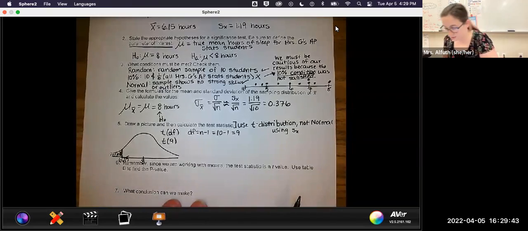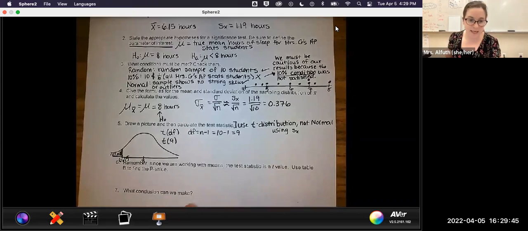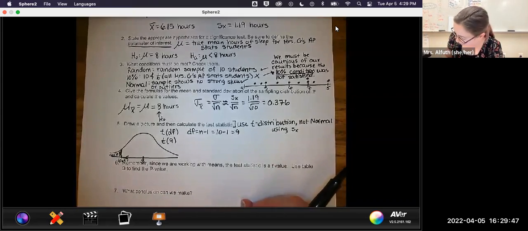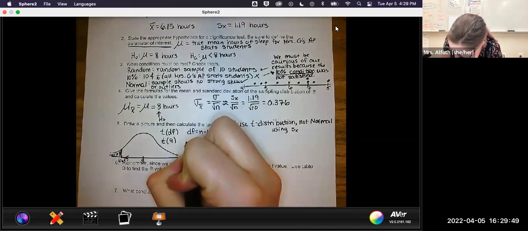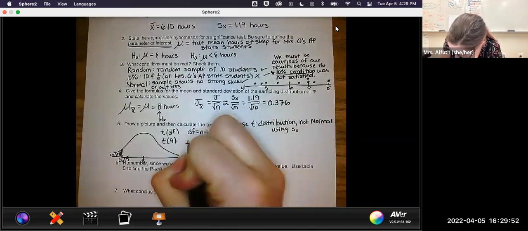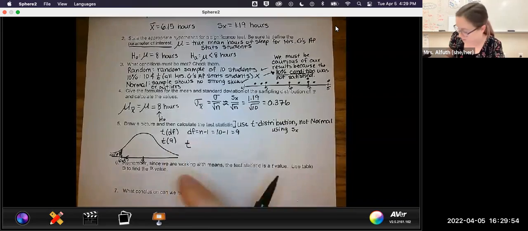The next thing we need to do now is find, instead of our z-score, we're going to find our t-score. So this is going to be very similar to finding our z-score, but it's the t since it's the t distribution.